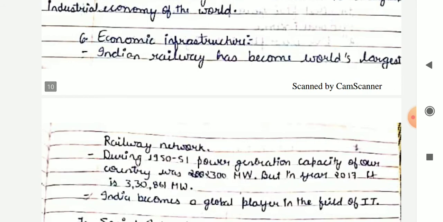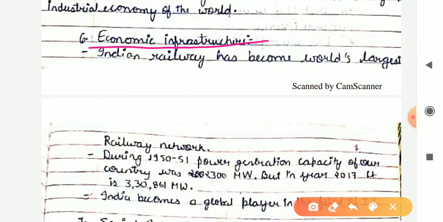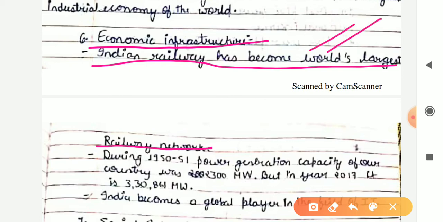At present 2020 is running, so it is possible that our rank has changed. Okay, sixth point is economic infrastructure. As we have studied in our first chapter, an achievement of 5 year plans is that Indian Railways has become the world's largest railway network.